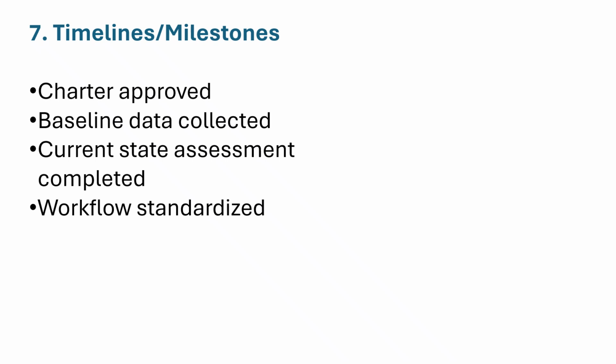Once you've identified your deliverables, it's helpful to map out the major milestones along the way. Milestones represent important checkpoints rather than every single activity. In this example, milestones include approving the project charter, collecting baseline data, completing the current state assessment, standardizing the workflow, launching the pilot, evaluating results, and creating a sustainment plan.